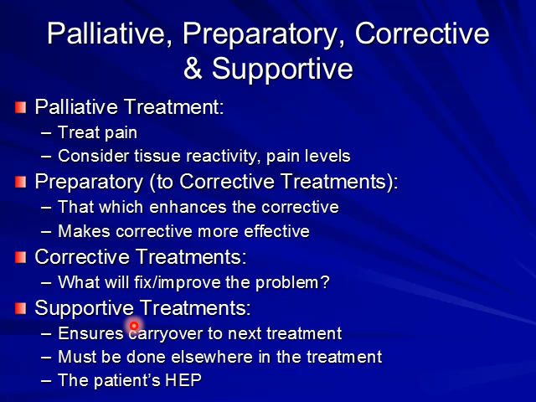I'll give you an example. Let's say under corrective, you want to do a static end range hold to make a mechanical effect to the joint. And then after that, this is for, let's say, the glenohumeral joint, you want to have the patient elevate their arm for a supportive active motion. Well, in that case, you couldn't have them repetitively elevate their arm to reach a cupboard or to reach a cup out of a cupboard.